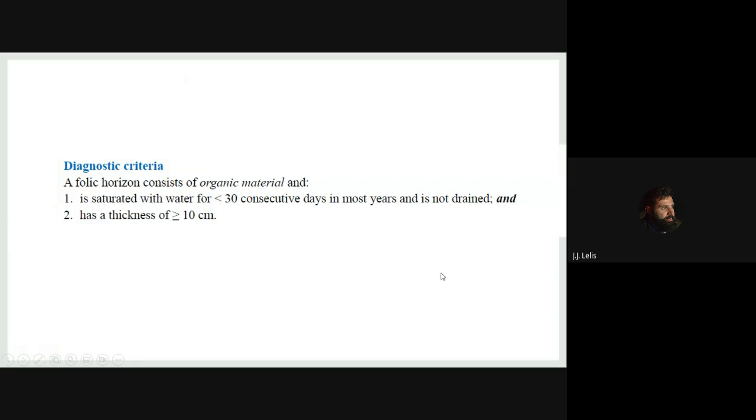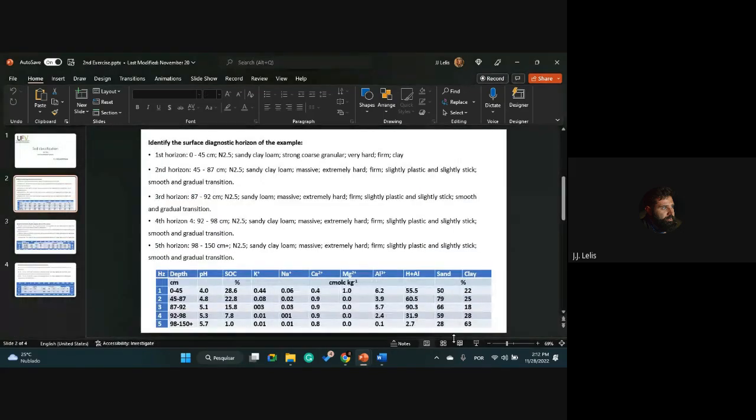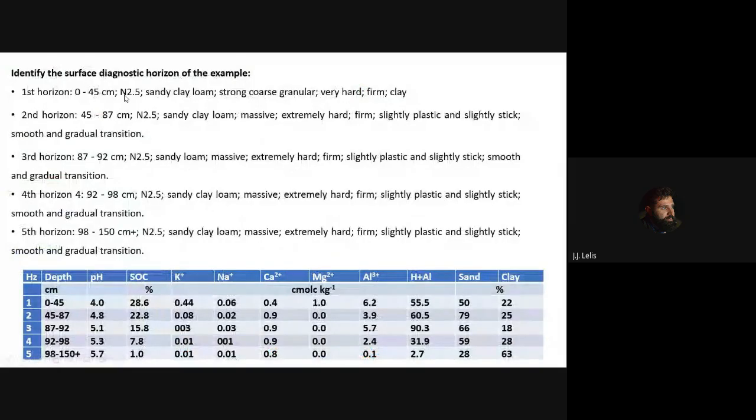So because we have this neutral color, this N2.5, we have in this case a high number of days with influence of water, because we don't have red or yellow colors.